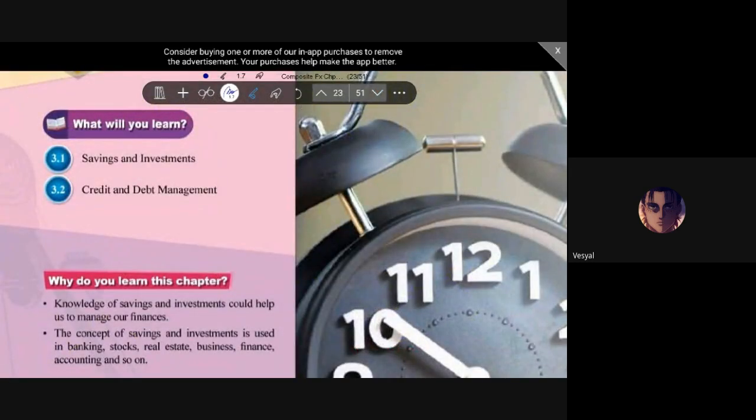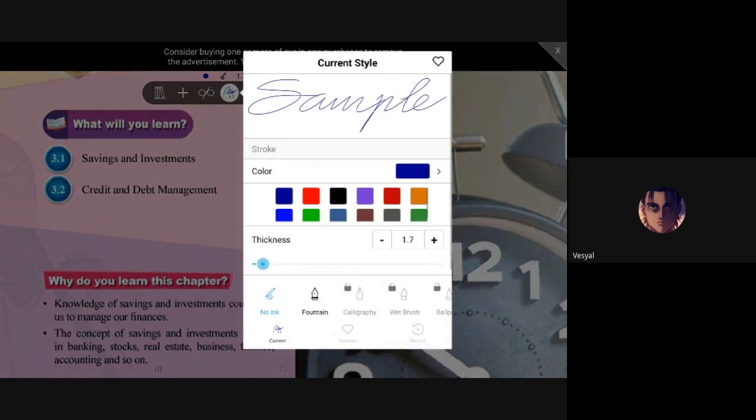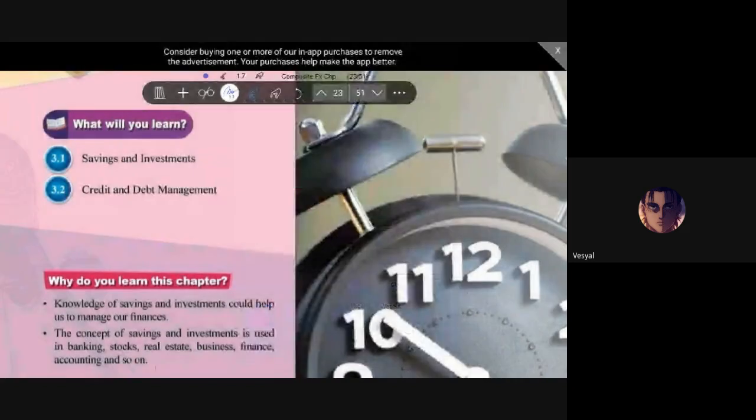So now we're starting. First thing, let's see this. This is what we're going to focus on today: savings and investment. What you're going to learn from this chapter is how savings and investment can help you manage your finance. That's important because, as we know, many teenagers are going broke nowadays.